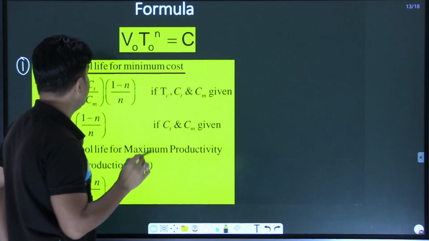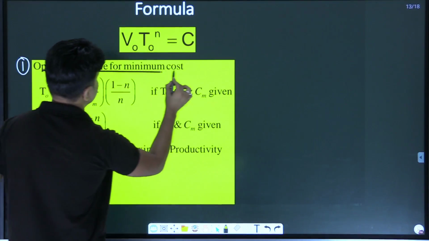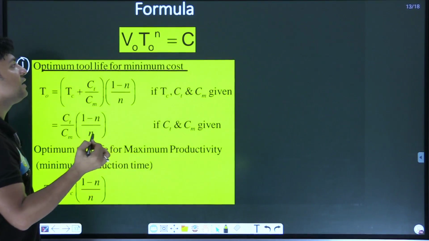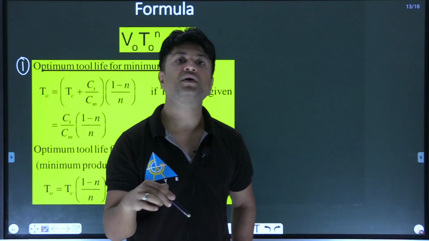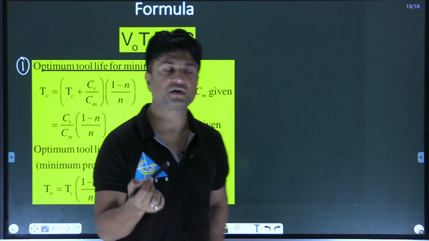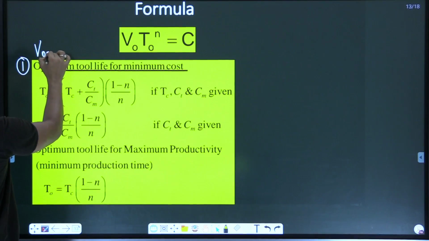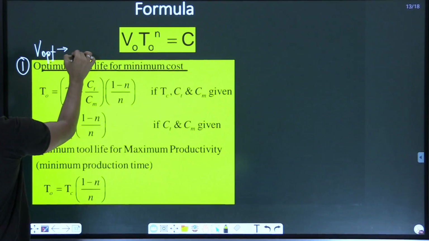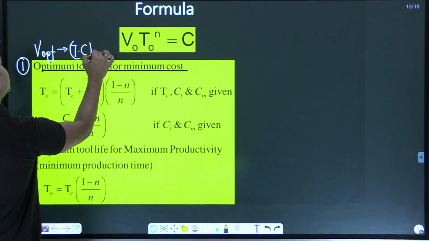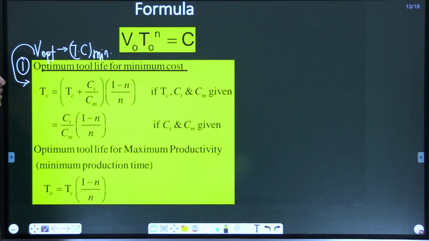It is the tool life that depends on that velocity, V optimum, at which the total cost is minimum, and at which we want to know the tool life.